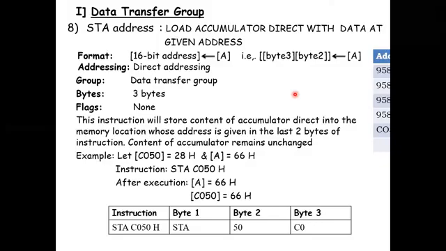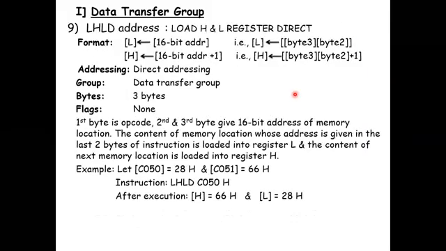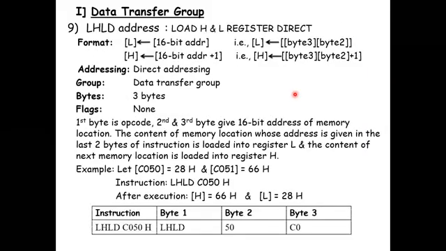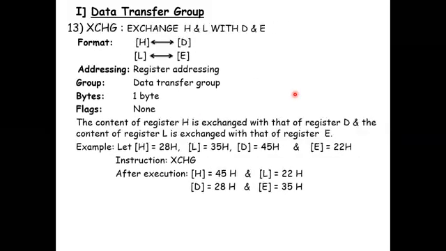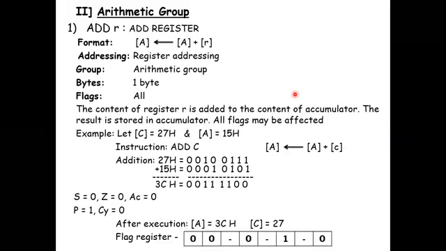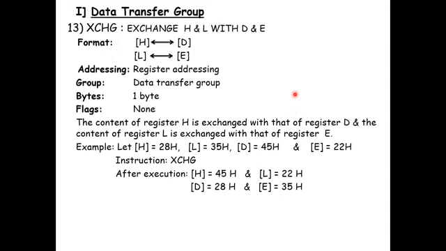Let C050 be 28 and A value 66. After execution of STA C050, the A value 66 will be loaded to memory location C050. Like that we have LHLD, SHLD, LDAX, XCHG exchange, different data transfer group instructions.